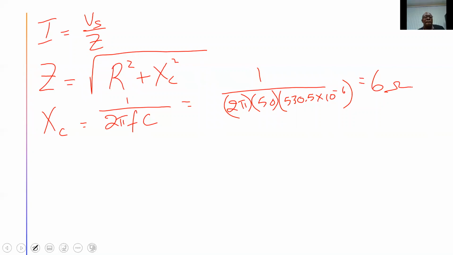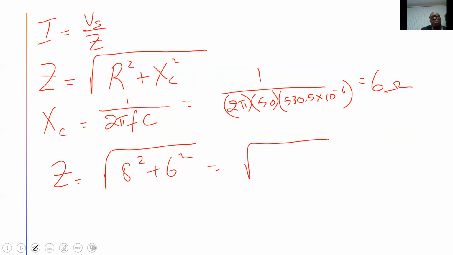Okay, so Z is equal to the square root of 8 squared plus 6 squared, which is equal to the square root of 64 plus 36, and that's the square root of 100, equal to 10 ohms.